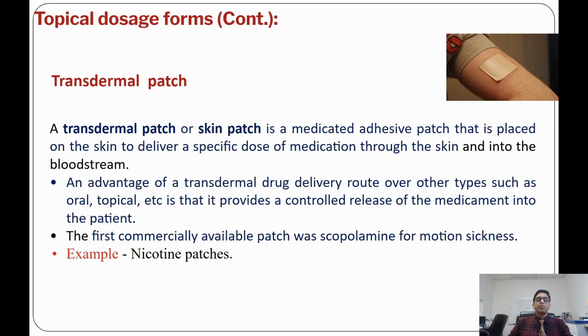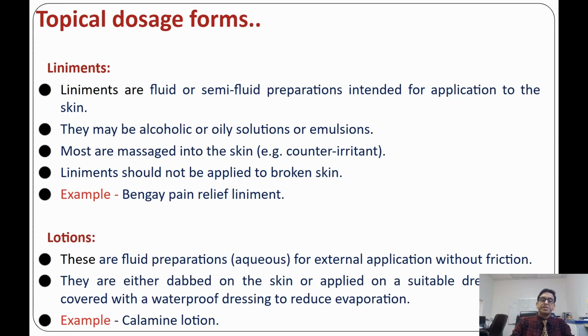So these are the benefits of going with transdermal patches over oral delivery, because they produce a prolonged delivery or controlled release and avoid degradation by the GI system, or gastric or enzymatic degradation of the drug. The first commercially available patch was scopolamine, used for motion sickness, and another example is nicotine patches.